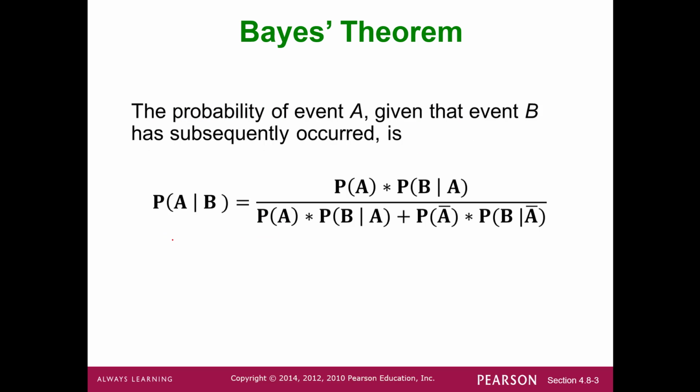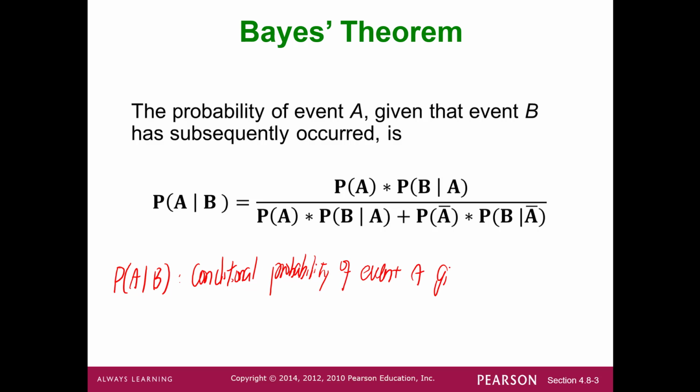So the probability of event A, given that event B has subsequently occurred, is the conditional probability of event A given that event B occurs.